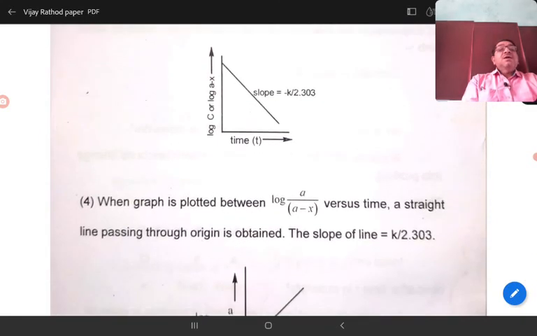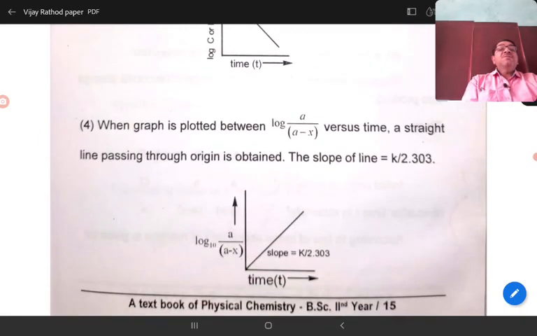Another type of graph when we consider a different condition, that is time on the x-axis and log to the base 10 of a upon a minus x on the y-axis. Again the nature is shown, but here the slope is different, that is slope is equal to k upon 2.303. When the graph is plotted between log of a upon a minus x versus time, a straight line passing through the origin is obtained. Here the slope is k upon 2.303.